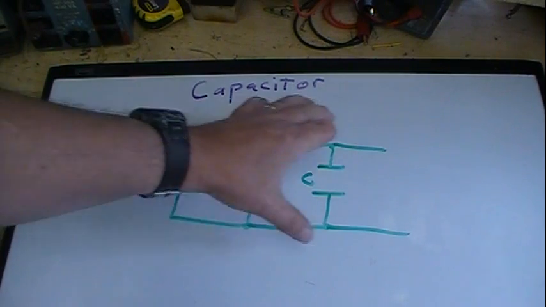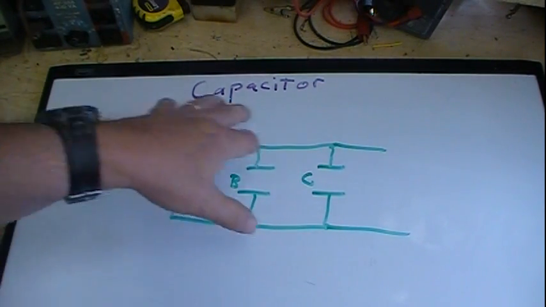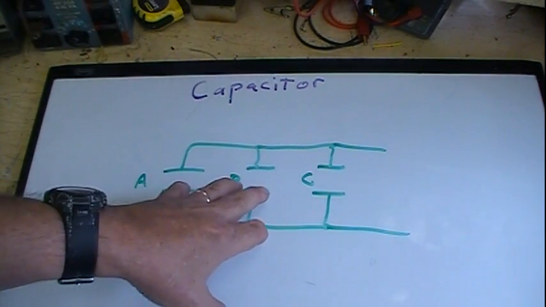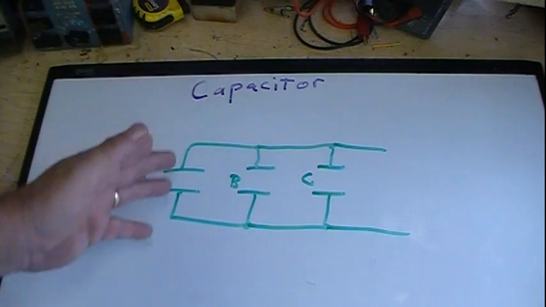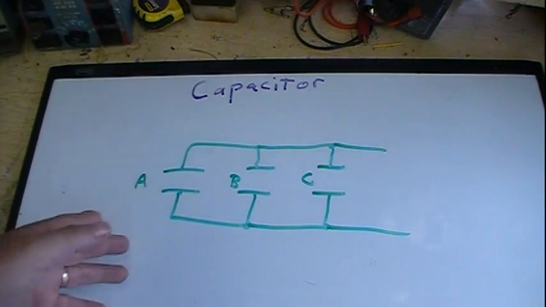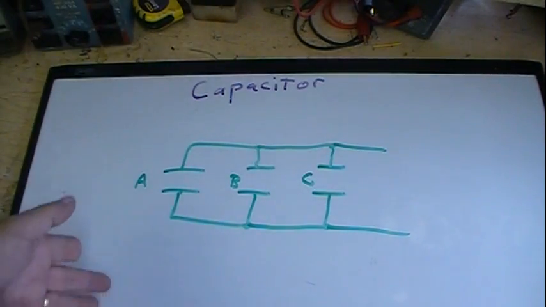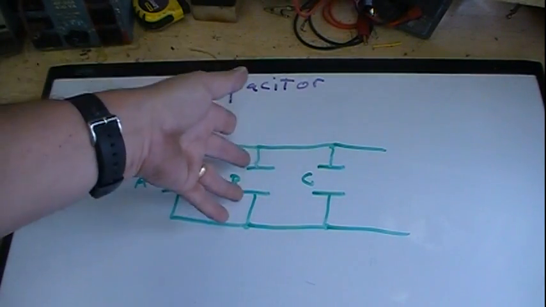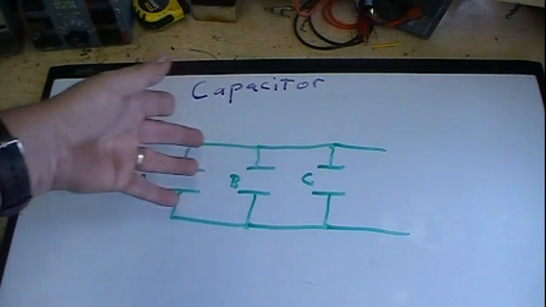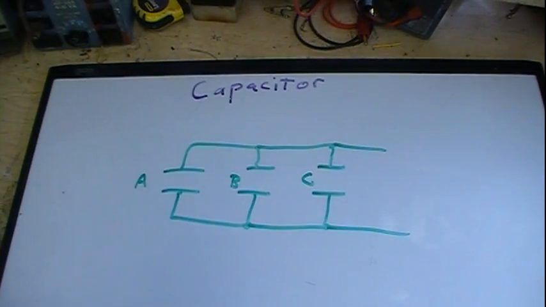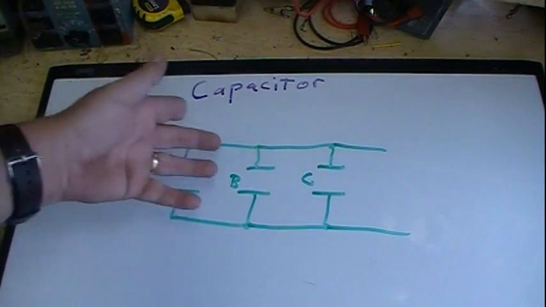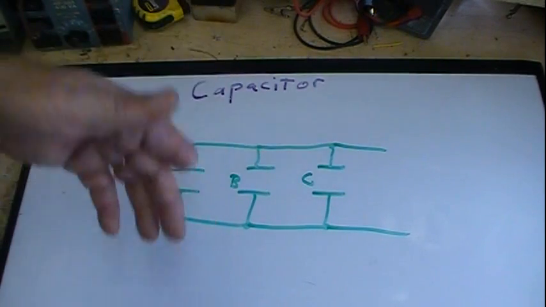When I have capacitors in parallel and I want to find the total capacitance, they just add up. So I would take A plus B plus C, and that gives me my total capacitance. If this is 10 microfarad, 10 microfarad, and 10 microfarad, it'd be 30 microfarads. If it was 10, 10, and 5, it'd be 25, and so on.